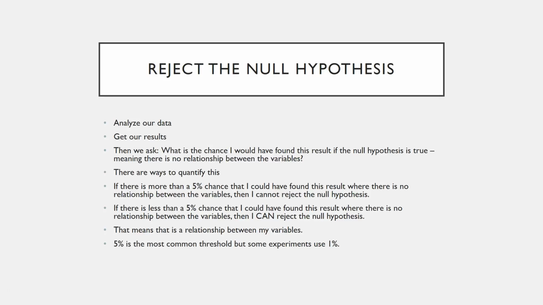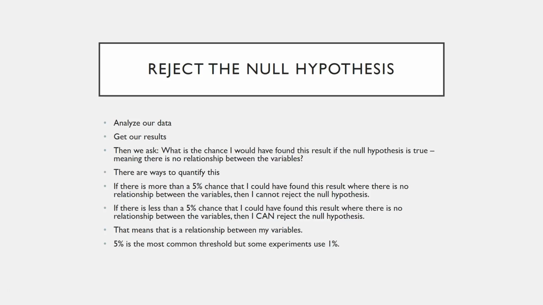Now that 5% is the most common value that we use as a threshold. But it is not set in stone. And many experiments, a lot of really well-defined experiments with large data sets, will get down to 1%. So there's a 1% chance. If there's a 1% or higher chance that I could have found my results purely by chance, then I have to say that I can't reject the null hypothesis.